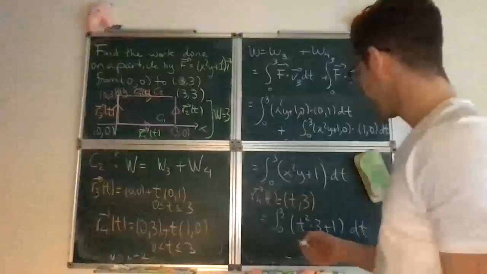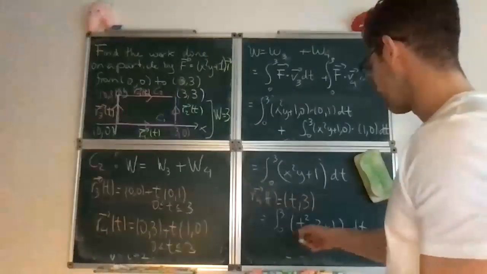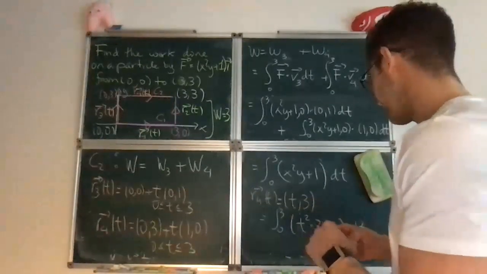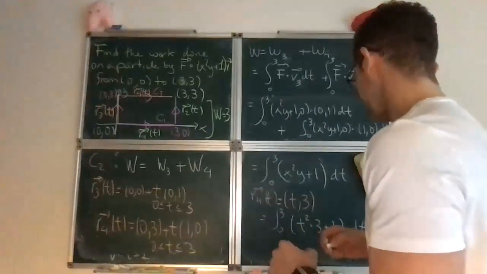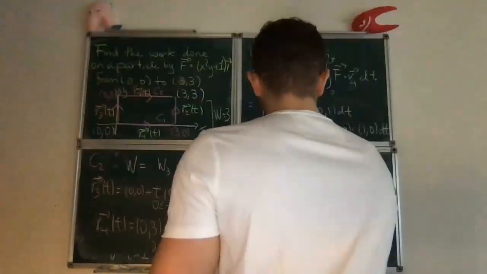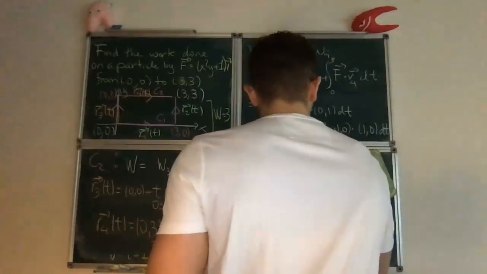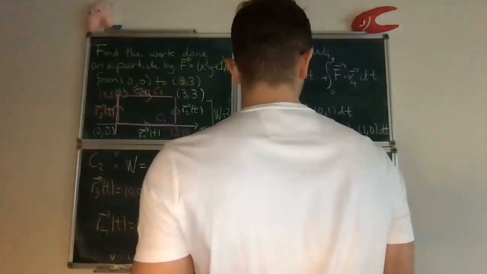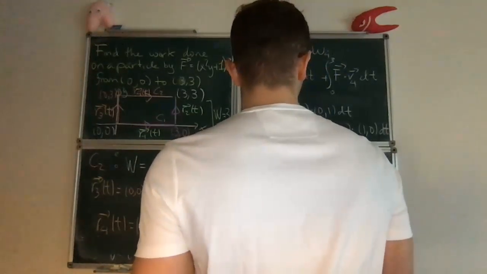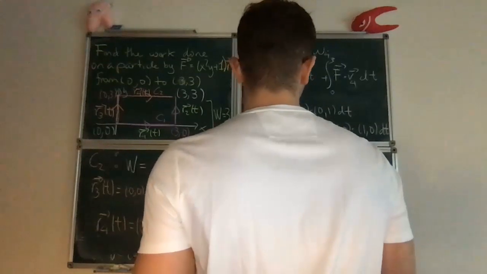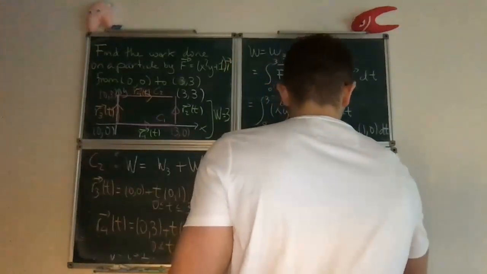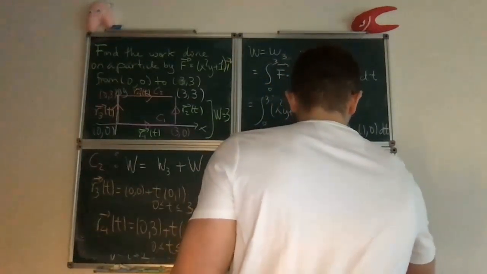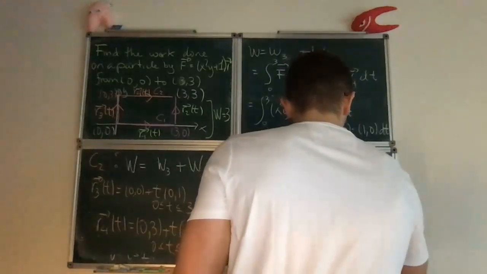Notice that as opposed to the previous case, now this is no longer 0. So now you can see immediately that there will be a difference between the two works, because this integral will be t cubed plus t, let's see, yes, from t equals 0 to t equals 3.